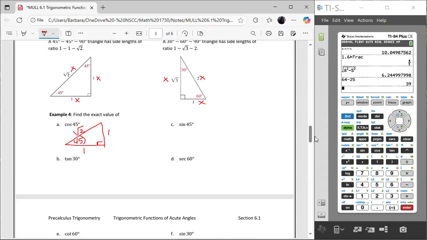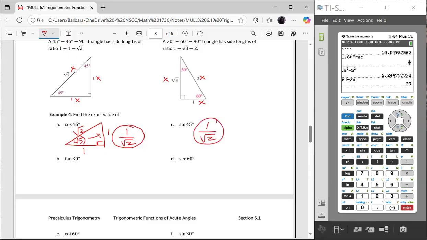And the cosine of 45 is adjacent over hypotenuse, which is 1 over the square root of 2. The sine of 45, I could just use that same sketch. I just go across from the 45, and we see it's also 1 over square root of 2.